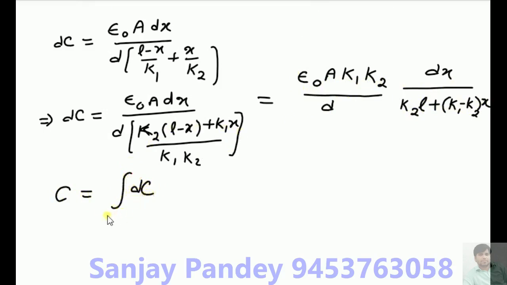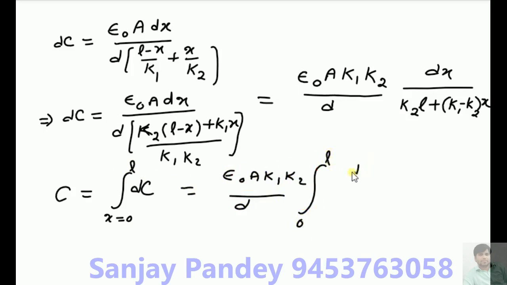The value of x goes from 0 to L. It will be equal to epsilon naught A K1 K2 upon D, which are constants, integral from x equal to 0 to x equal to L of dx upon K2 L plus K1 minus K2 into x.